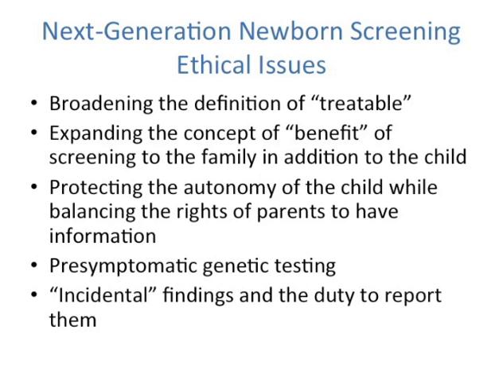But how do we do this while still protecting the autonomy of the child and balancing the rights of the parents to have information? And what about pre-symptomatic genetic testing in children? And then these incidental findings that we're going to come up with if we do next generation sequencing.